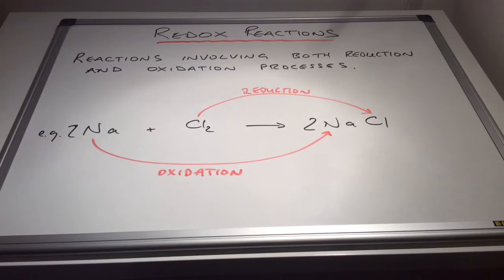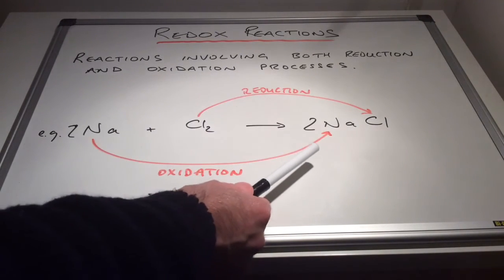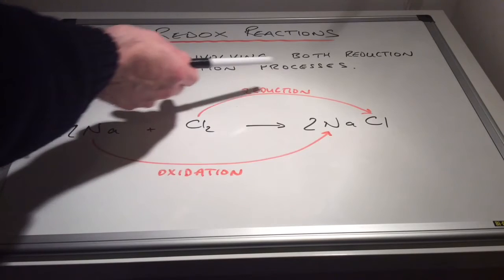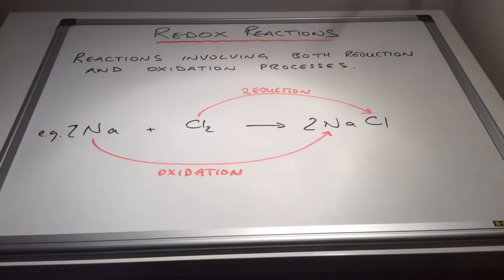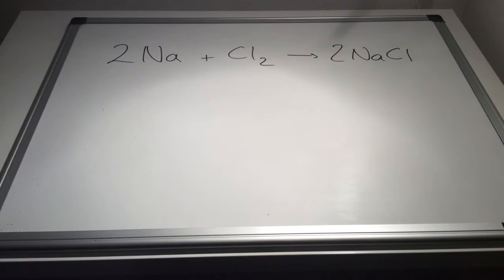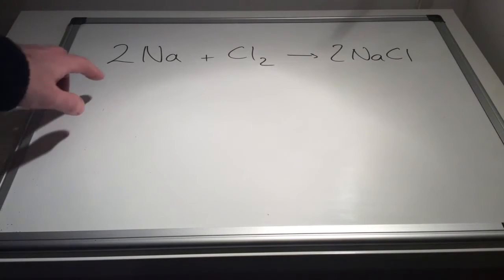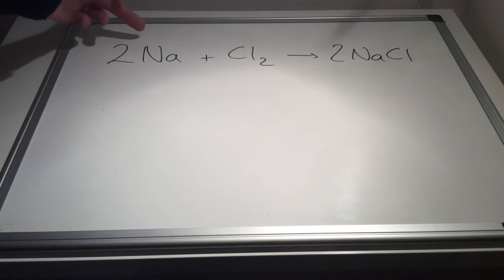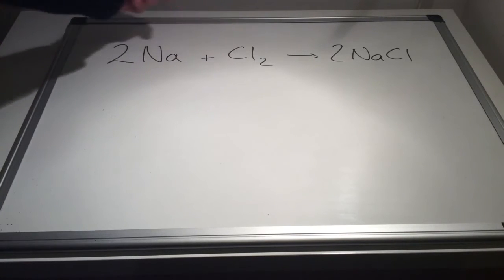So what this video is going to do is look at the oxidation numbers and help us decide why this is the oxidation process and why this is the reduction process. So when we're trying to work out where the oxidation and reduction processes are using oxidation numbers, the first thing that we need to do is establish the oxidation numbers of all the species, the atoms, within the equation.